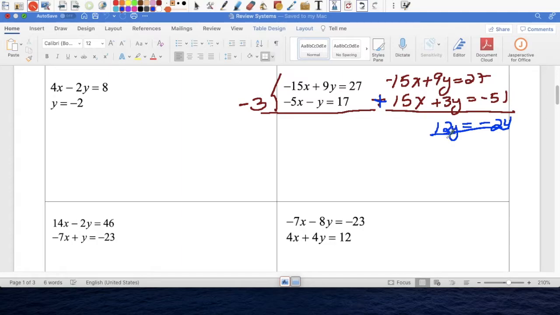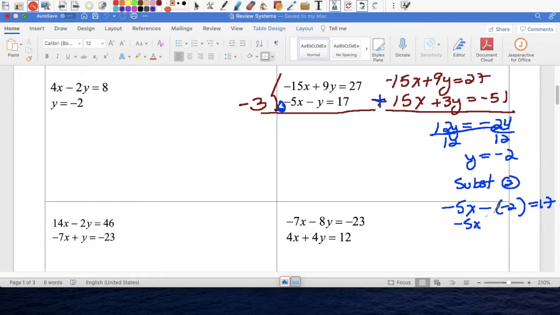Divide both sides by 12, and y equals negative 2. Good. Now pick any equation to find the value of x. I'm just going to pick this one because it has a smaller coefficient. So I'm going to substitute in equation 2, the original equation 2. So it's negative 5x minus y, I replace the y with negative 2, equals 17.